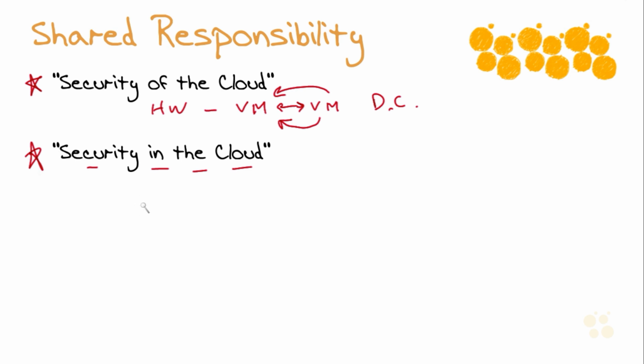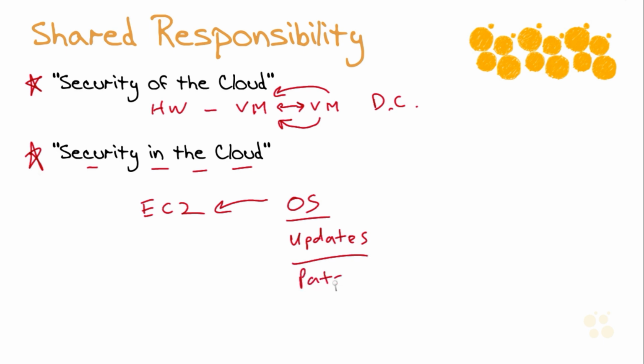So a classic example of this is when we spin up a virtual machine, an EC2 instance, we're going to be responsible for securing the operating system that we place on that EC2 image. We're going to have to make sure we go in and do updates of that operating system, perhaps to keep it secured, apply the appropriate patches that are needed to keep it secure.